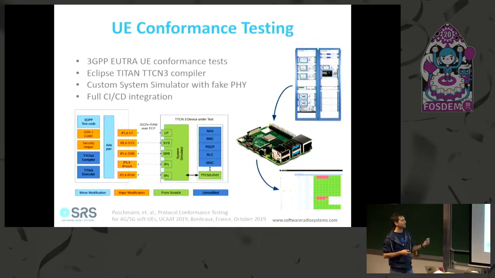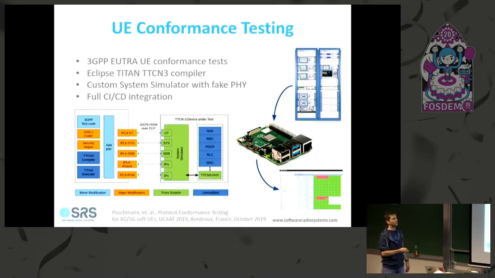So what we did is to use Eclipse Titan. It's an Eclipse project. It's a TTCN-3 compiler, which is actually the language that the conformance tests are implemented in. We basically wrote a system simulator that acts like this guy without PHY, a fake PHY, and that's something that we can run on the Raspberry Pi.